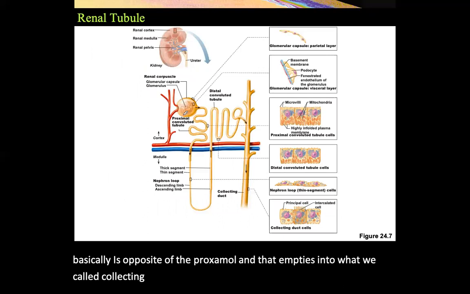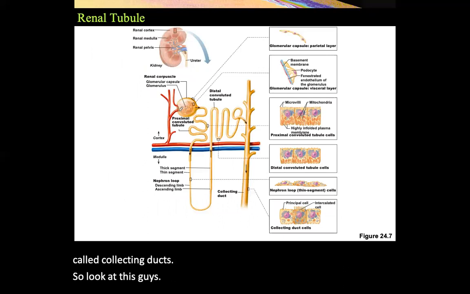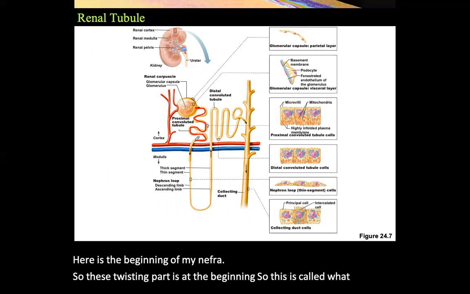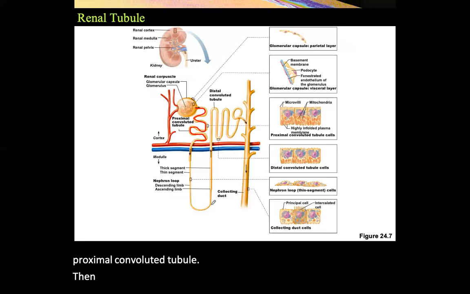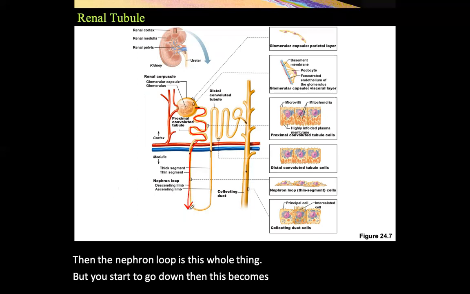So look at this, guys. Here is the beginning of my nephron. This twisting part is at the beginning, so this is called what? The proximal convoluted tubule. Then the nephron loop is this whole thing, but you start to go down, so this becomes what? The descending limb.